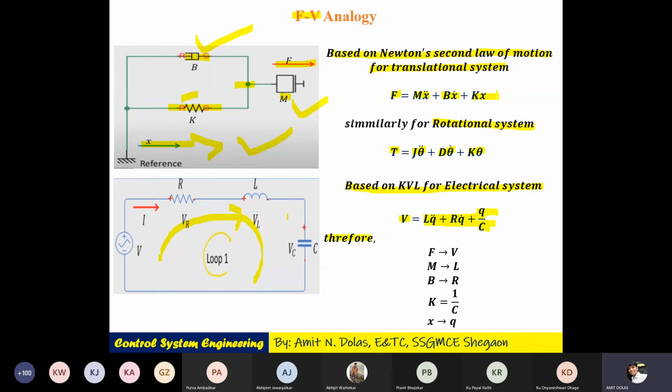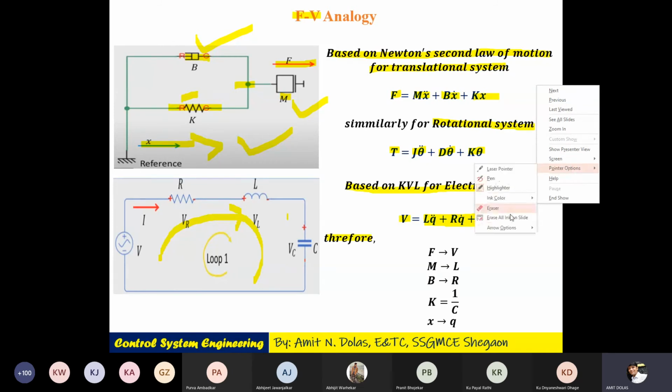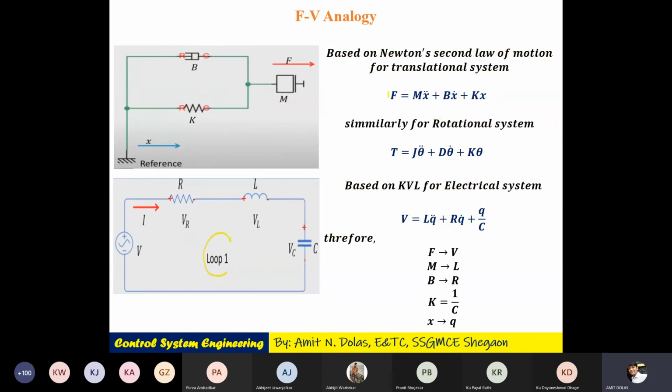Therefore, if we want to convert, just see the relationship. Force is nothing but voltage, so force is analogous to the voltage. Mass is analogous to the inductor L. Damper B is analogous to resistance R, and spring constant K is analogous to the capacitor, 1 by C, an inverse relationship.